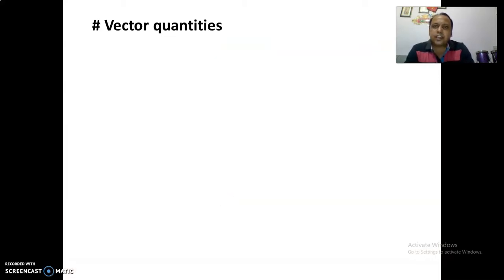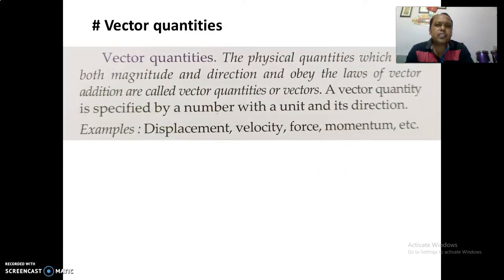Next, vector quantities. I hope scalar quantity is clear to everyone. Now, vector quantities are the physical quantities which have both magnitude and direction, and obey the laws of vector addition. Now you must be thinking, what are the laws of vector addition?